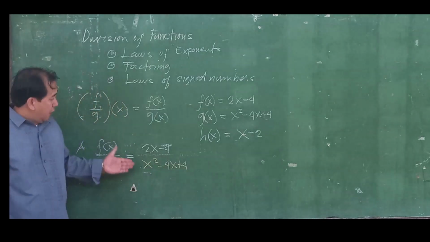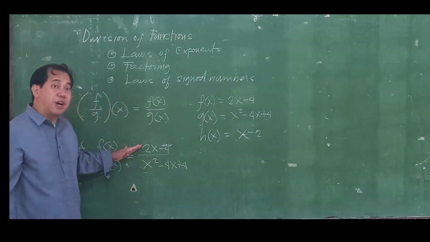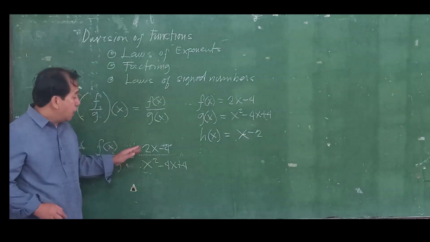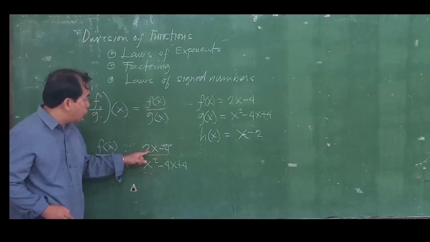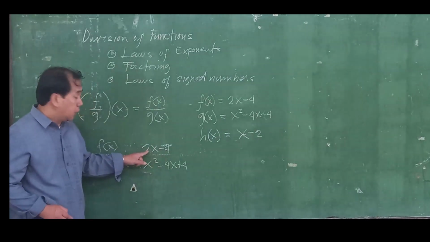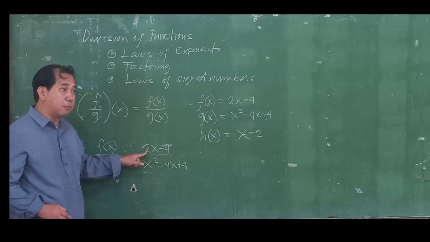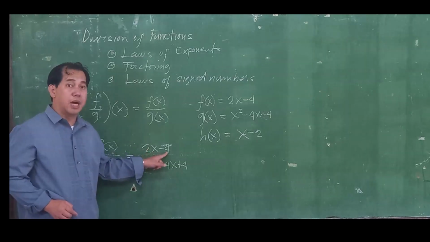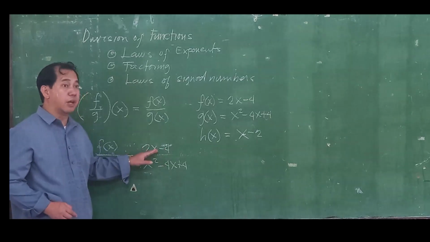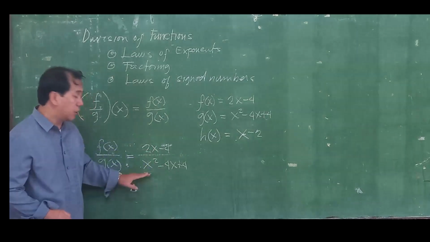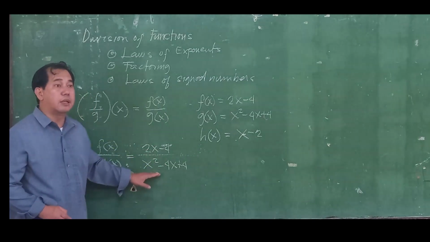Notice that the numerator is factorable. Meaning, there is a common factor. What is the common factor? 2. This one, 2x can be divided by 2. 4 can be divided by 2. So there is the common factor. The same as this one. What is this? Perfect square trinomial.